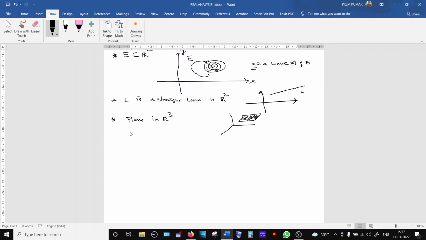A plane in R cube contains all its own limit points. Similarly, a straight line in R square contains all its limit points.